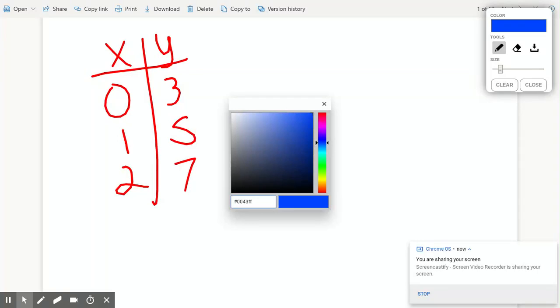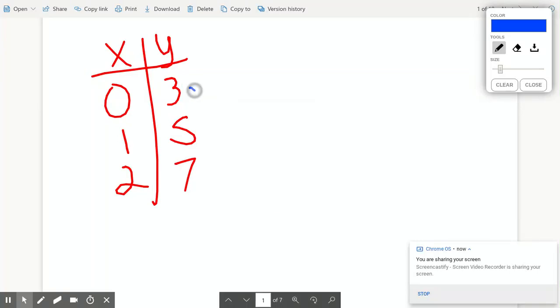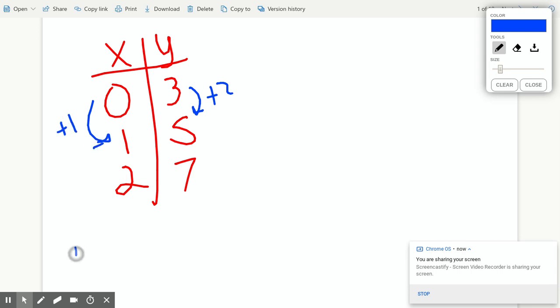So taking any 2 points, figure out your rise. So this is going up 2 over 1. So my m is rise 2 over run, which is 1, which is 2.